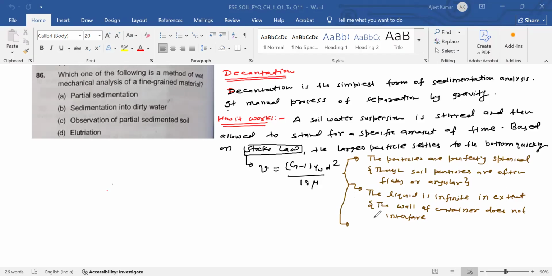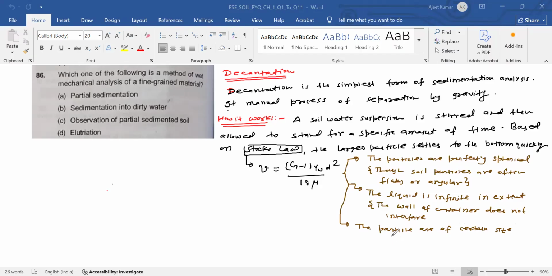And the third condition, the particles are of a certain size. And what is this?